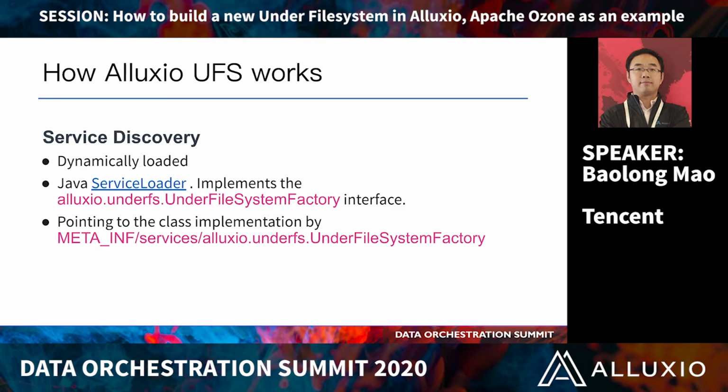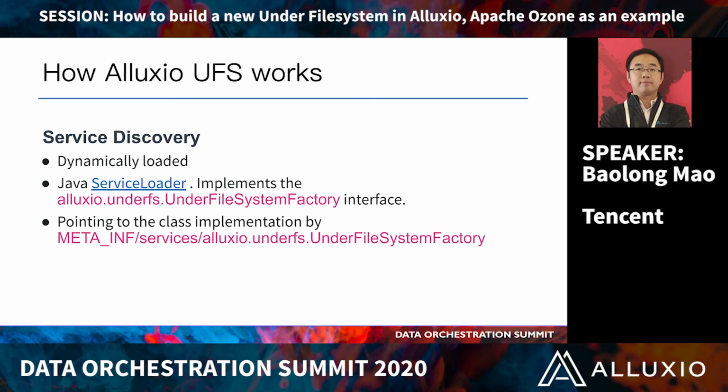There are so many underfile systems in Alluxio now. So how does Alluxio discover the supported UFS? Firstly, extension jars are loaded dynamically at runtime by Alluxio servers, which enables Alluxio to talk to new underfile systems without requiring a restart.